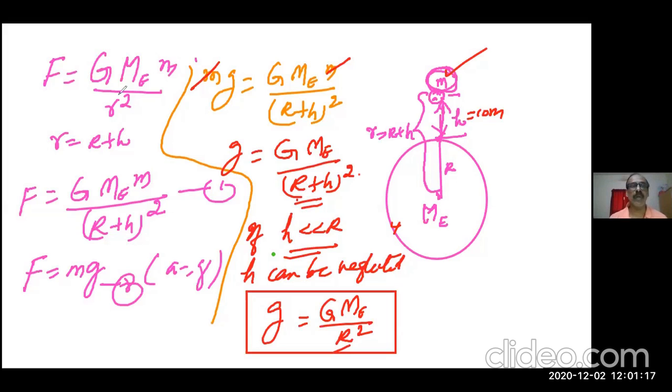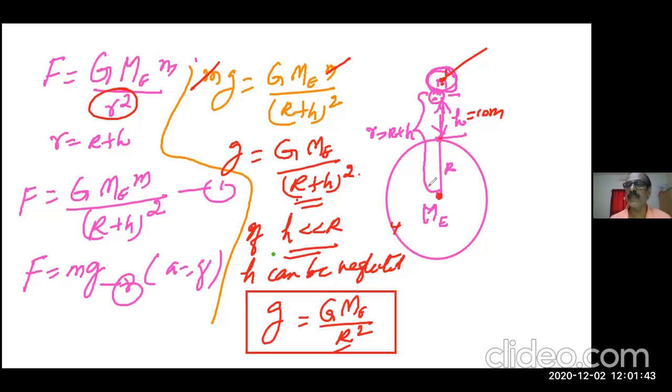What is this R? It is the distance between the centers of two bodies having the force, right? So from this center to this center, what is the distance? H. H is from the surface to here. From the center to the surface, what is the distance?